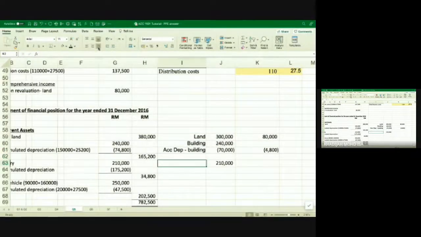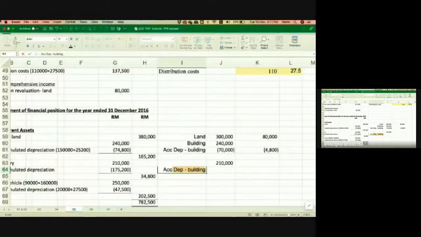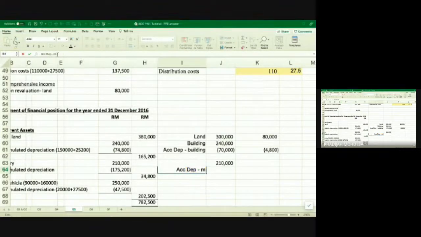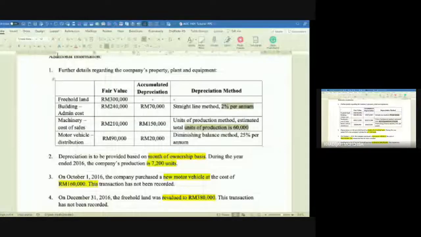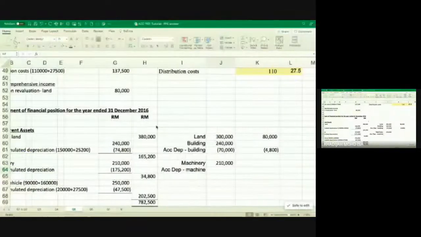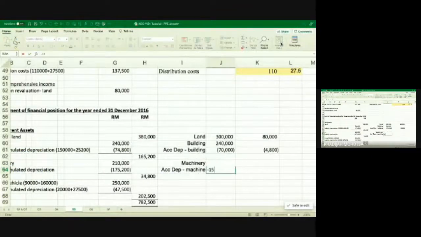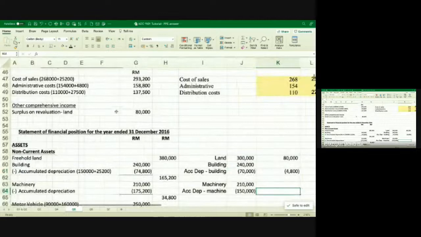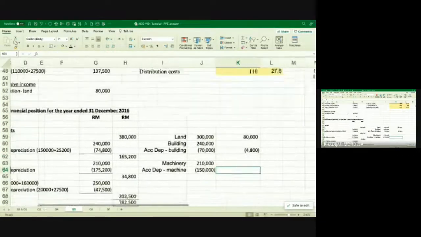This one is your machine. This one is accumulated for your machine. How much is the accumulated depreciation for the machine? Initially, it was 150,000. Remember, it's a bracket, 150,000. And then during the year, you add 25,200.